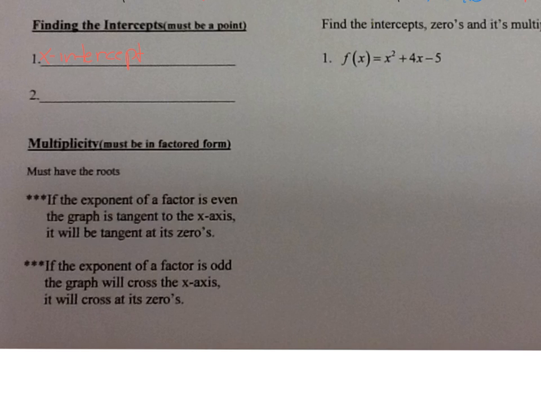And where it crosses the x-axis on your graph, your y values are always equal to 0. So you're going to do this and then solve. All right, so right over here, I'm going to find my x-intercepts. Okay, my y value has to equal 0. So set my y value equal to 0. All right, and now I have to solve this.